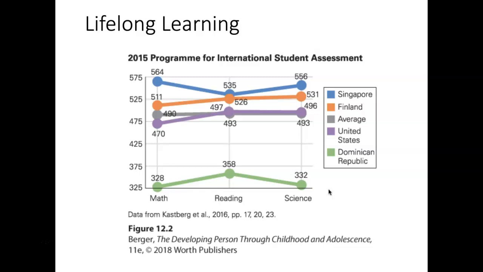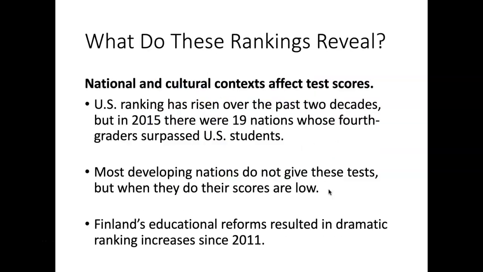And you can see the difference in Singapore, lower in reading and higher in math and science. In the United States, we were lower in math but higher in reading and science. And so there's some information comparing those different countries.